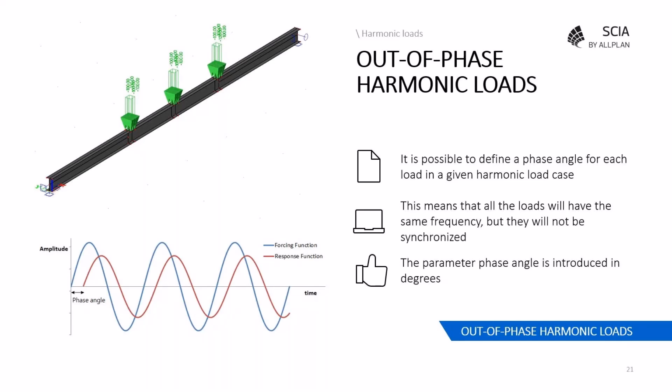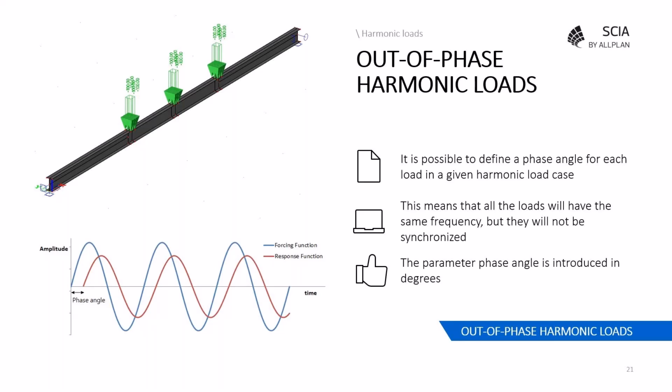The last new option here is the possibility to have out-of-phase harmonic loads. It is now possible to define a phase angle for each load in a given harmonic load case. This means that all the loads will have the same frequency, but they will not be synchronized. Again, we're talking here about a single load case, so all loads will have the same frequency, but inside this load case, the loads will not have the same phase angle.